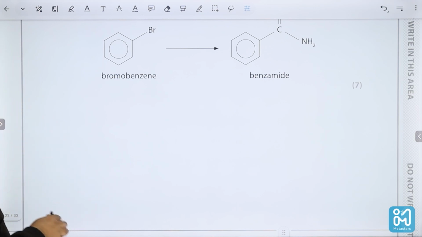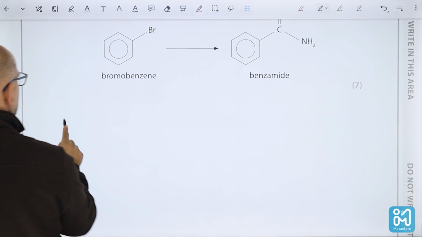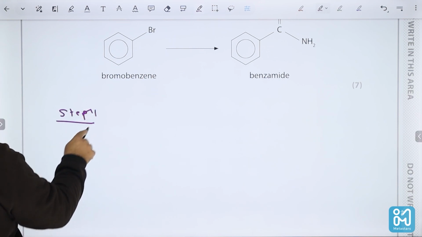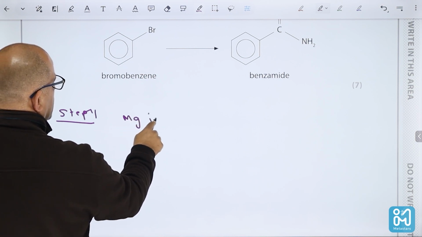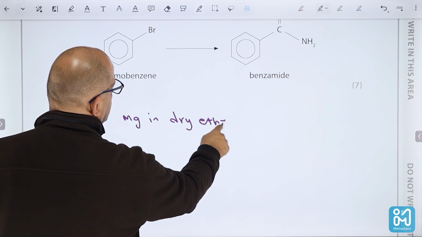So what we can do is the first reagent, step 1, is magnesium in dry ether.